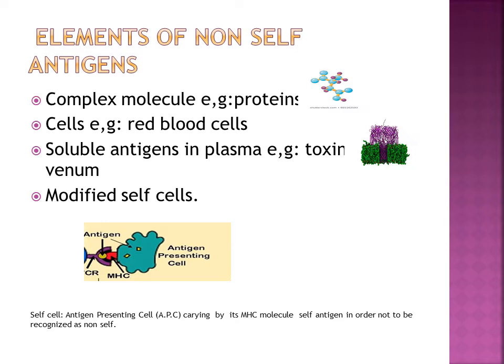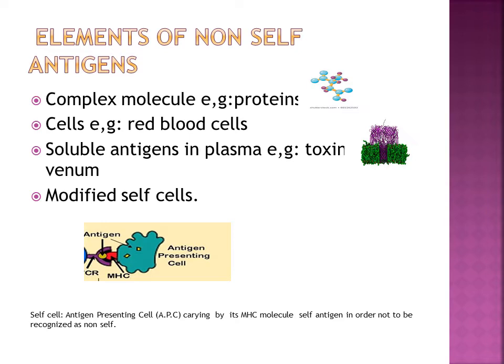Additionally, among non-self antigens, we can add toxins, as we mentioned above, those that are attached to certain tissues. Okay, once chemicals enter our body, they may bind to certain cell membranes or tissues and cause diseases.